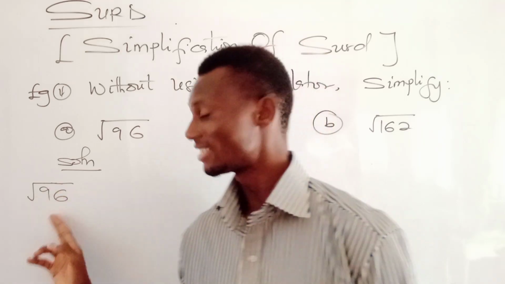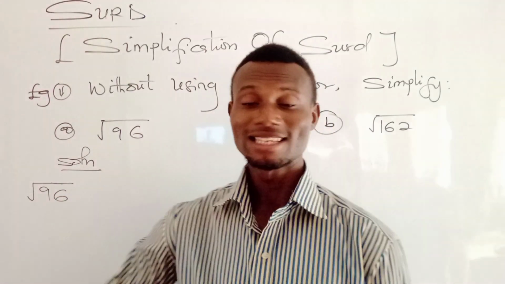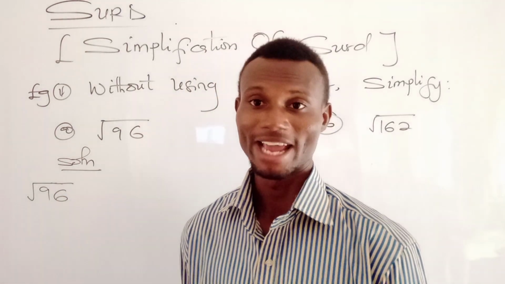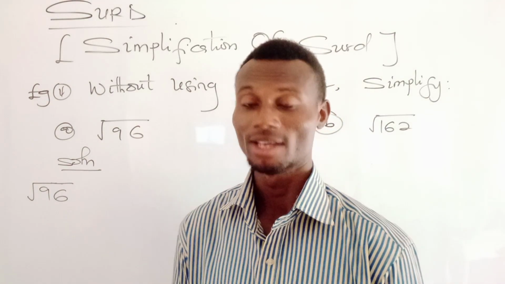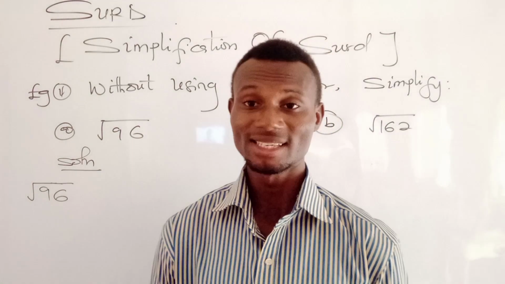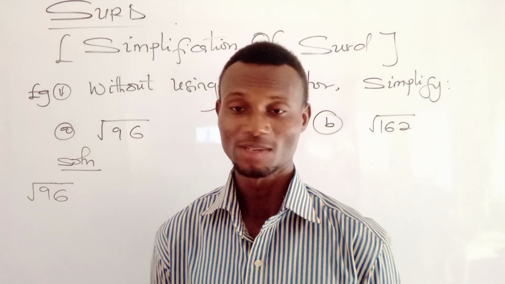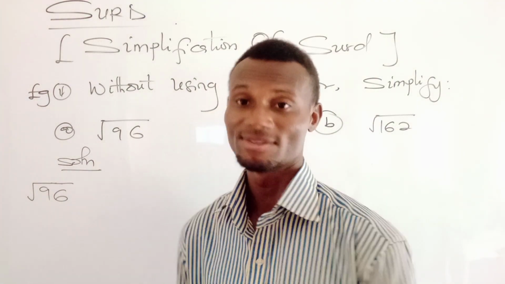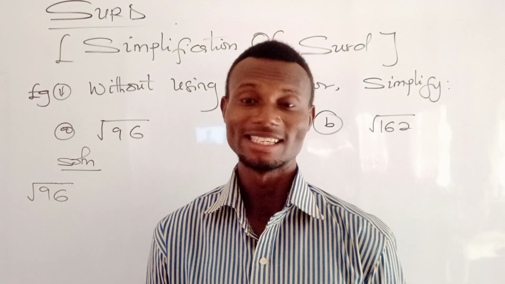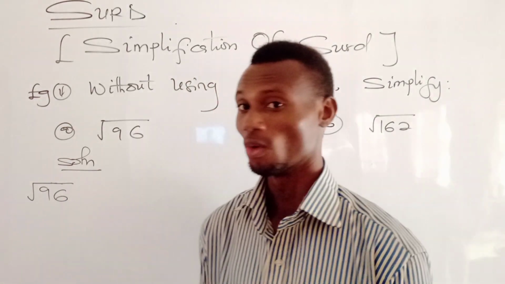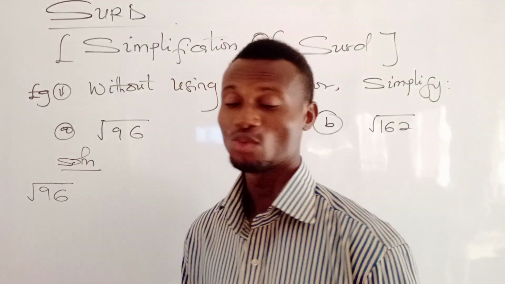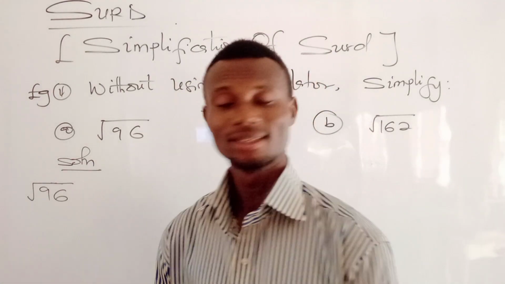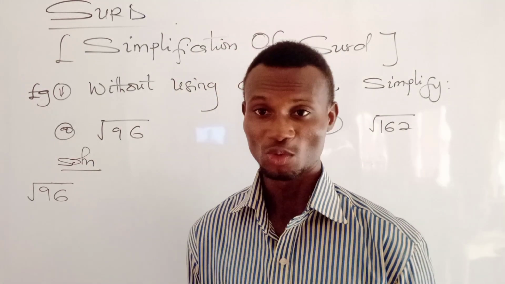The two numbers that can multiply to give you the 96, with one of them being a perfect square, are 16 times 6. I hope you agree with me. 16 times 6 gives the 96, and the 16 is a perfect square. So in place of the 96, we are going to write 16 times 6. That's how to go about it.